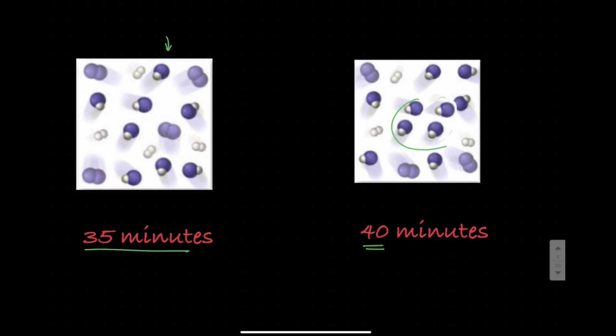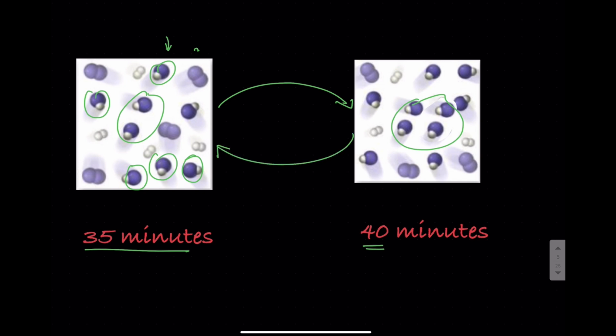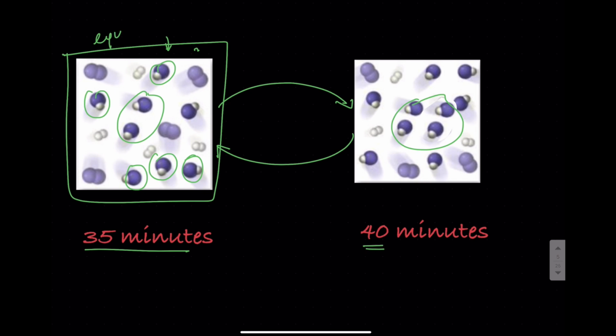You can see that I have a lot more of the product at 40 minutes. However, this is not stable because the product will start to go back to form the reactant. So the reactant keeps forming the product, but if it crosses a critical concentration, it goes back and stabilizes at the equilibrium state. This is the equilibrium state.